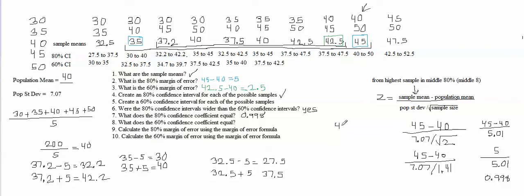So it's the sample mean at the upper end of the middle 6 minus the population mean. It's the same formula, over the same population standard deviation, which I gave to you. Sample size is still 2 because each of these samples is still 2 numbers.